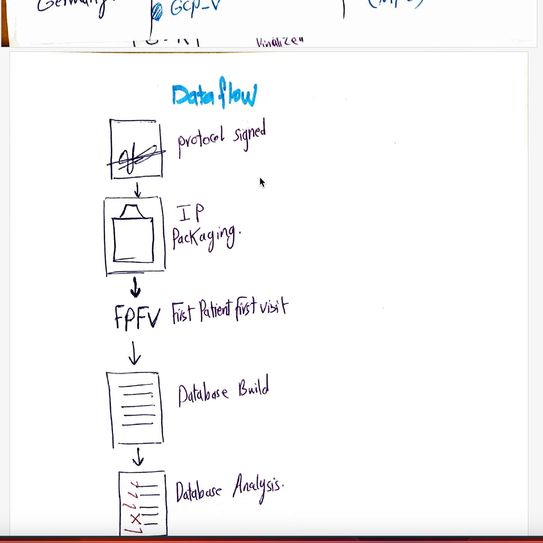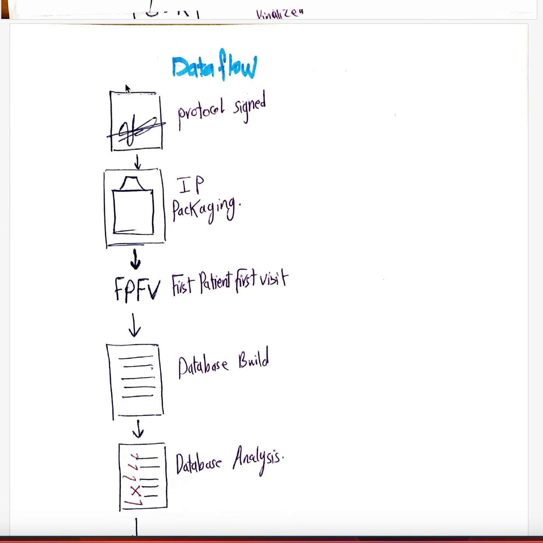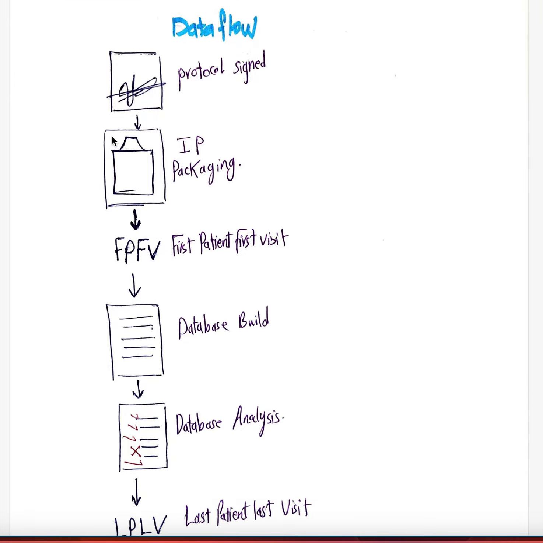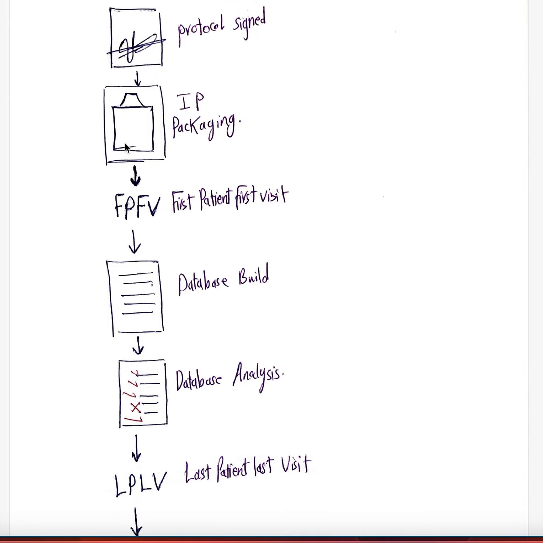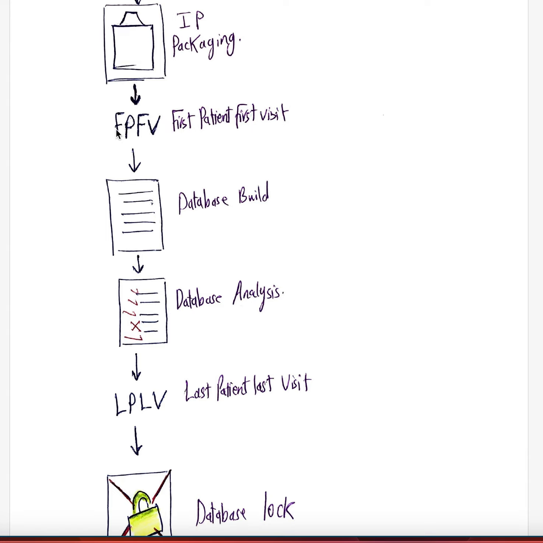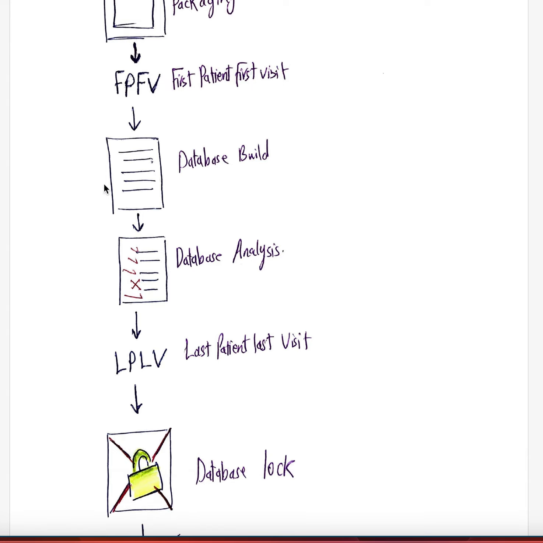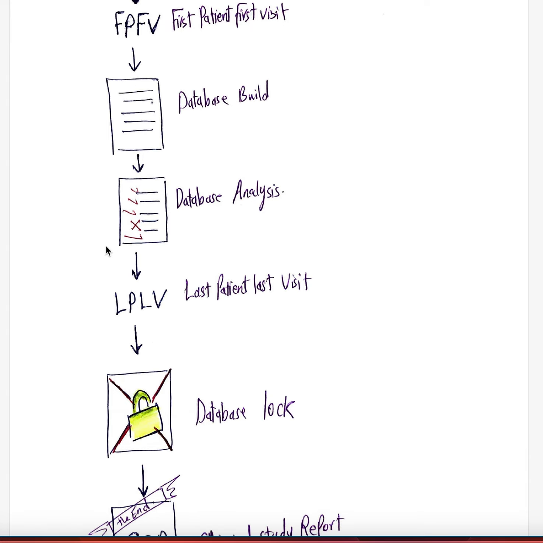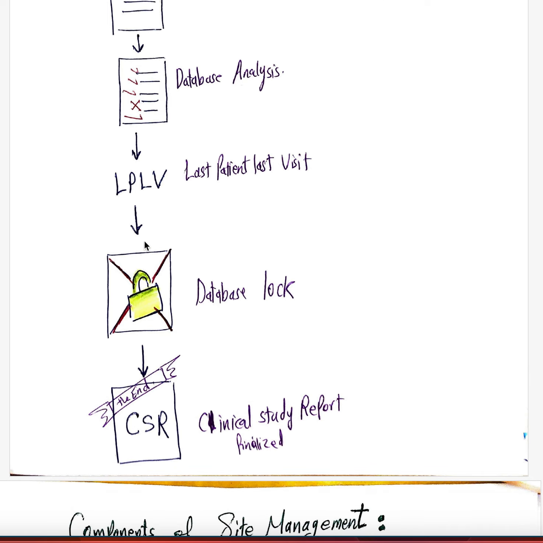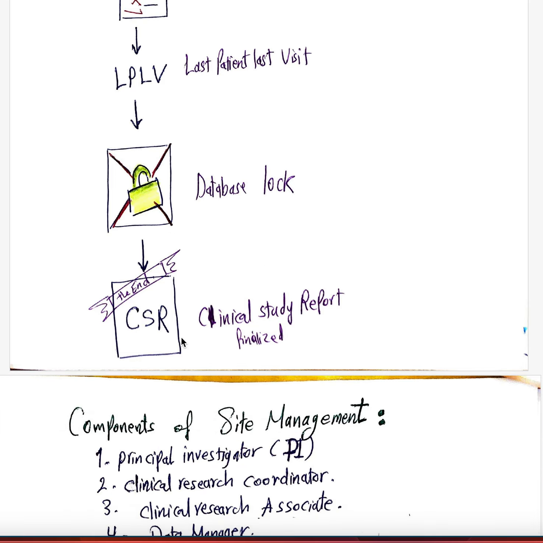And then we talk about the data flow. First we have to sign the protocol, then we do the packaging of the investigational product, then the first patient first visit, then the database build, then the database analysis, the last patient last visit, then the database lock, and then the clinical study report is finalized.